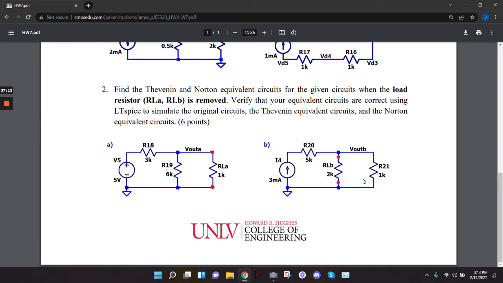So let's say I want to do 1 milliamp, 2K, 1K, and all right, so let's say that this is my circuit.